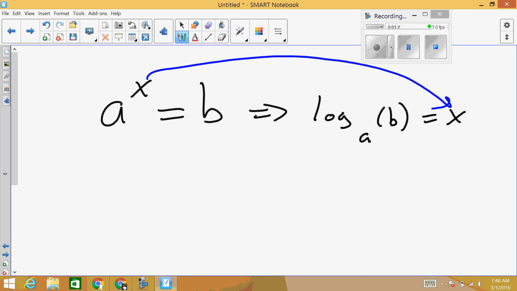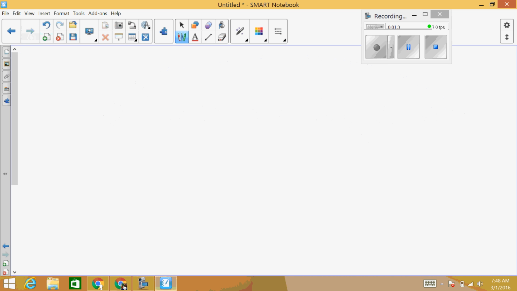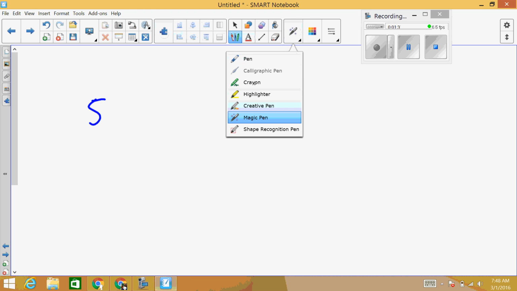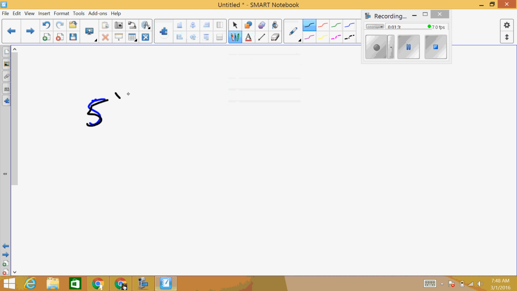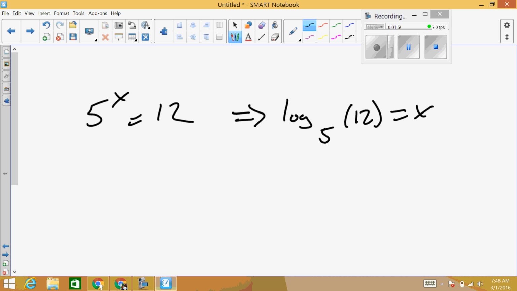So if I take a couple of exponential equations and write them in logarithmic form, it would look like this. So here's our 5 to the x. Here's my 5 to the x equals 12, like we saw on an earlier slide. So if I was to rewrite this in logarithmic form, it would be log base 5 of 12 equals x.